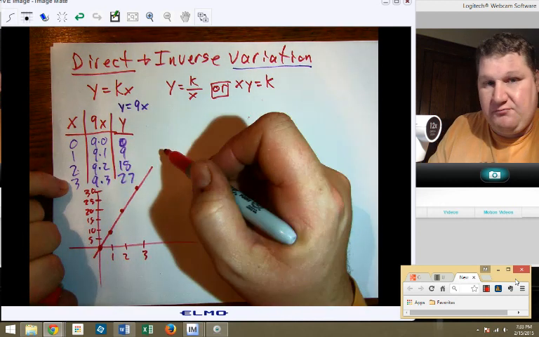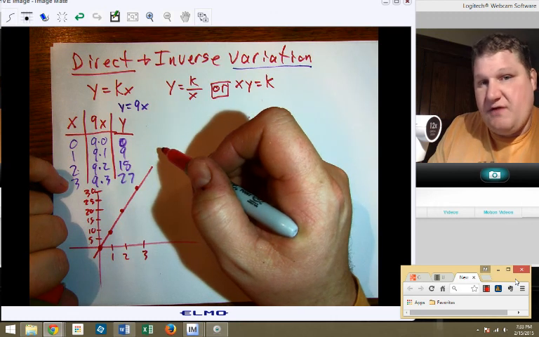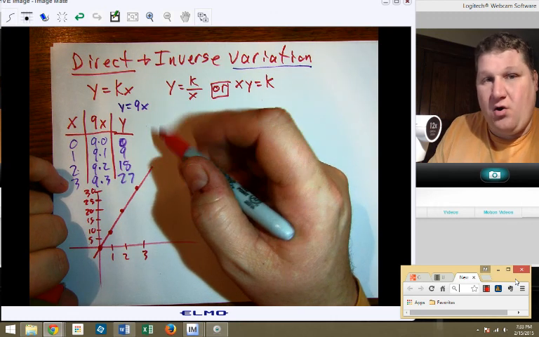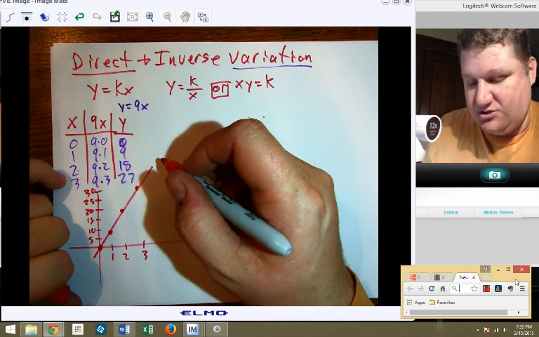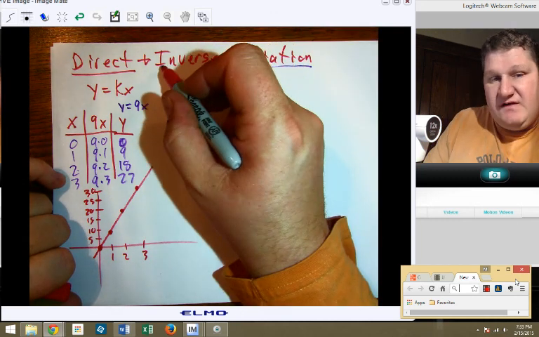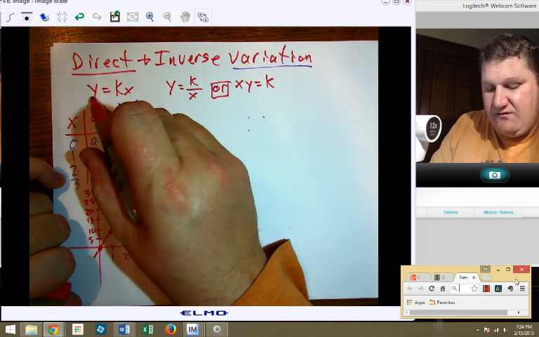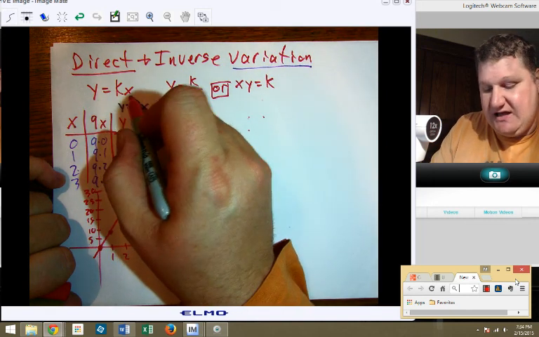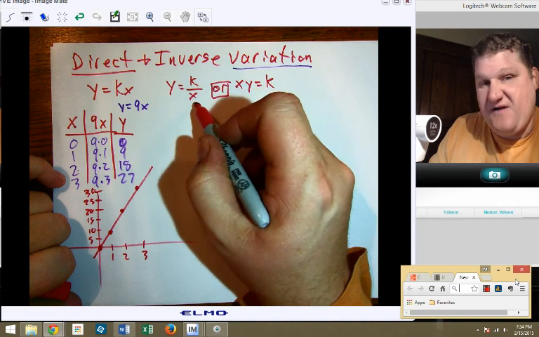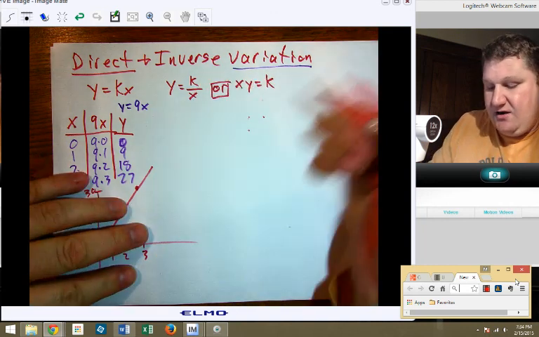It's a nice, pretty straight line. But direct variation is not always the only type of variation. We have this idea of inverse variation, and that's going to be, instead of y equals something times x, y equals something divided by x.